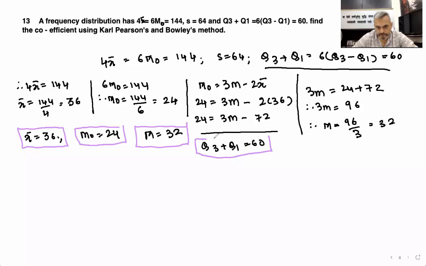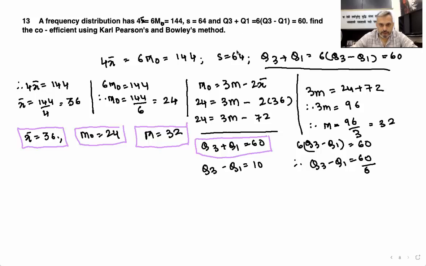Q3 plus Q1 which is equal to 60, and what you get is 6 into Q3 minus Q1. So 6 Q3 minus Q1 is equal to 60. Therefore Q3 minus Q1 is equal to 60 by 6. So I'll write over here Q3 minus Q1 is equal to 10.